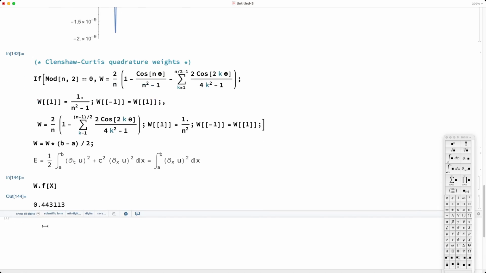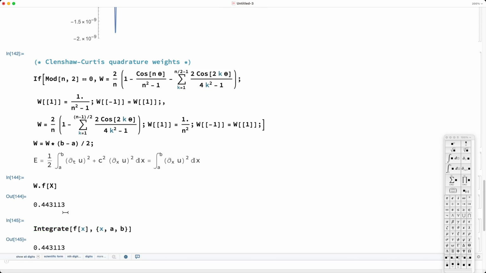We can also integrate f of x with respect to x, from a to b, and Mathematica will do that analytically.